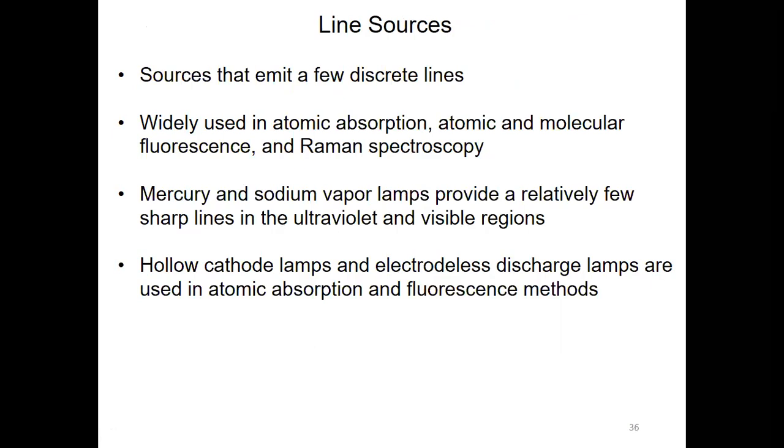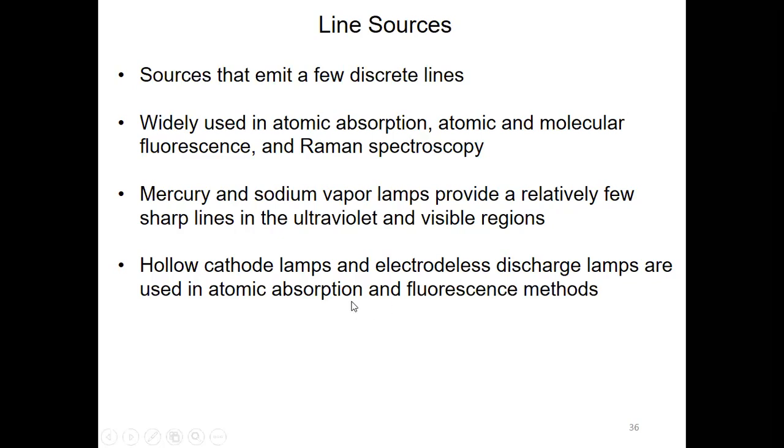And the line sources, as we discussed earlier, emit a few discrete lines. Line sources are widely used in atomic absorption, atomic fluorescence, molecular fluorescence, and Raman spectroscopy. So line sources are widely used in these spectroscopic techniques. Mercury and sodium vapor lamps provide relatively few sharp lines in the UV and visible range.